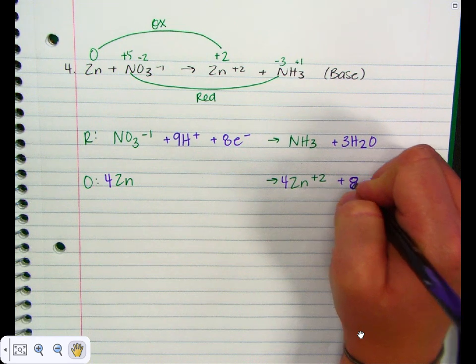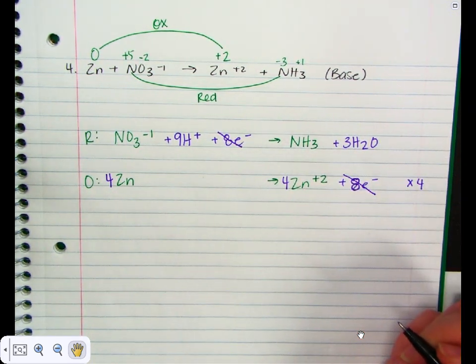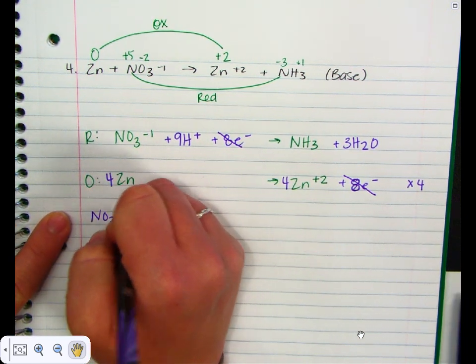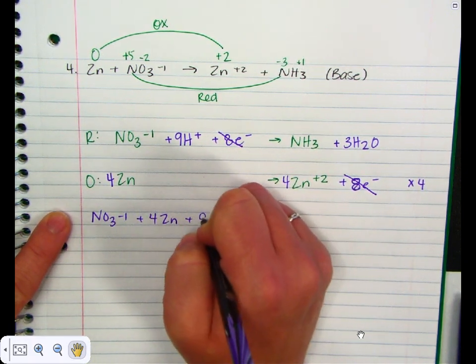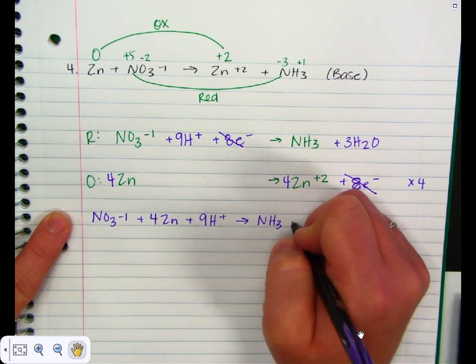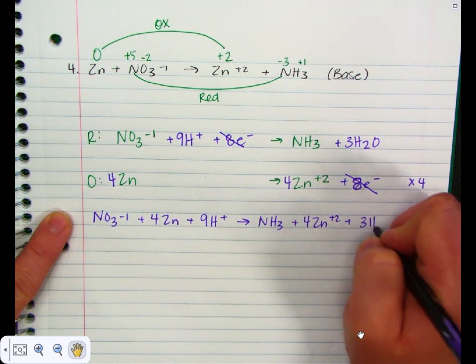This is going to become 8. Those 8 and those 8 are going to cancel. And it doesn't look like I can cancel anything else the way it's written. So now I'm going to combine them. NO3 minus 1 plus 4 Zn plus 9 H plus yields NH3 plus 4 Zn plus 2 plus 3 H2O.